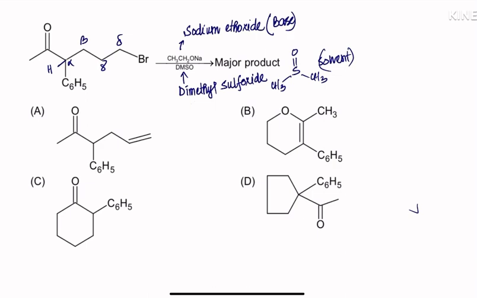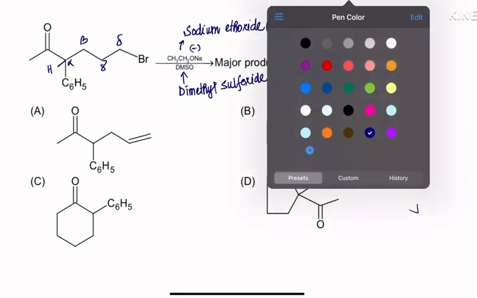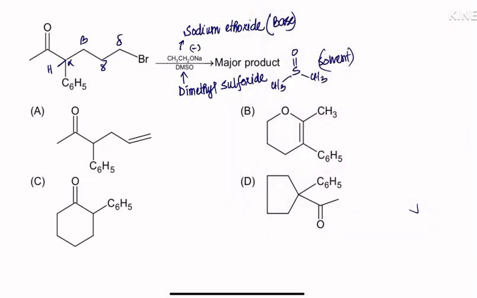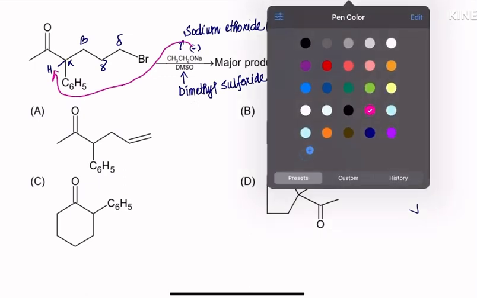The base, sodium ethoxide, will take up H+, and it will form a carbanion. So if it forms a carbanion, it will form this kind of product.